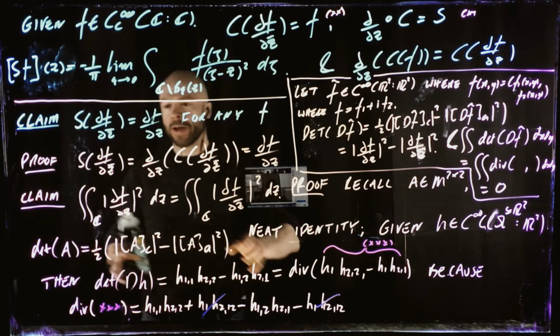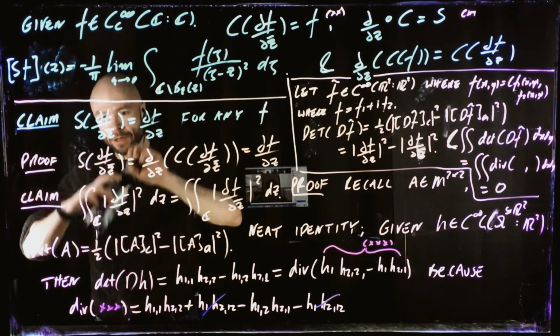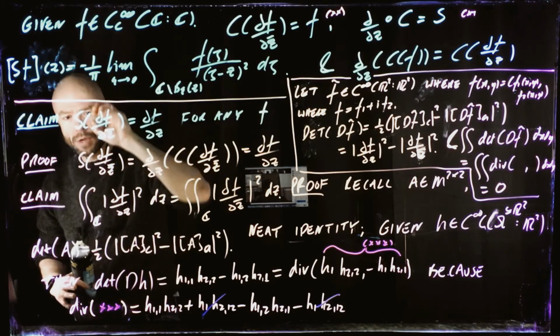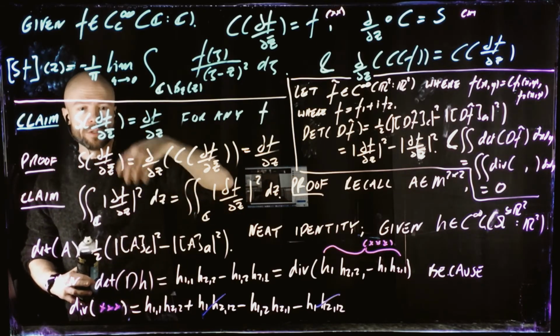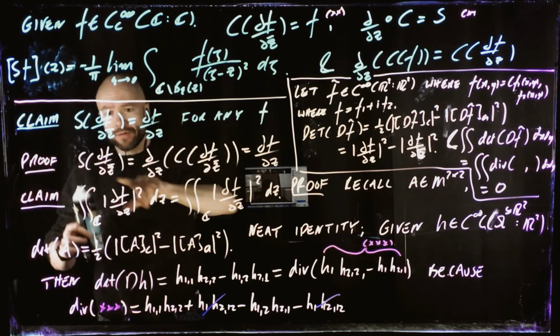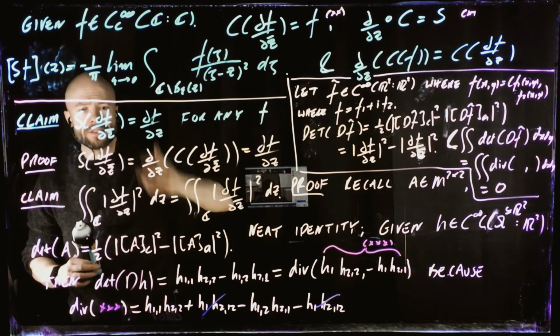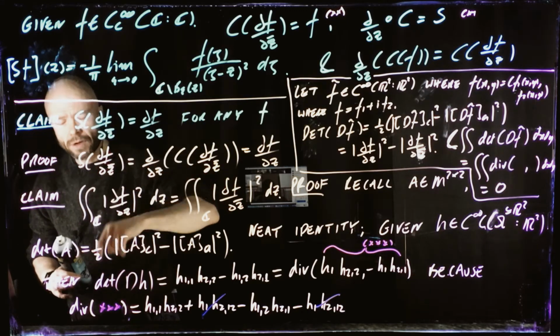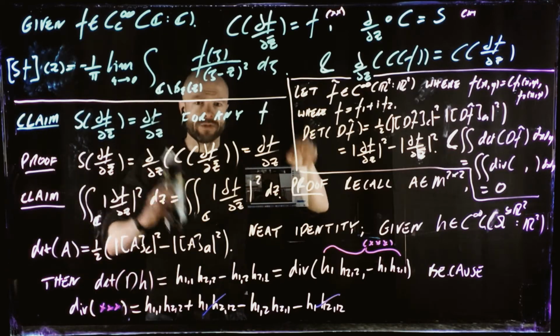Maybe it is. Anyway, it's going to be preserving the L2 norm of the gradient. So if we take the Beurling transform of a function which is C infinity with compact support, then the integral of the Beurling transform squared will be the same as the integral of the function squared.